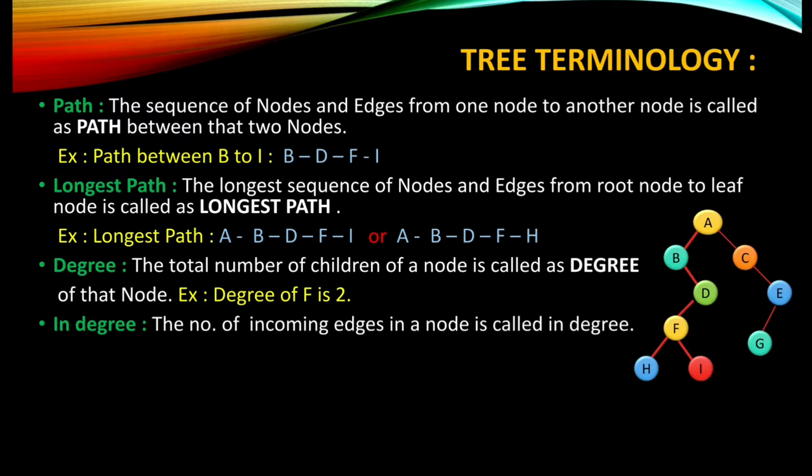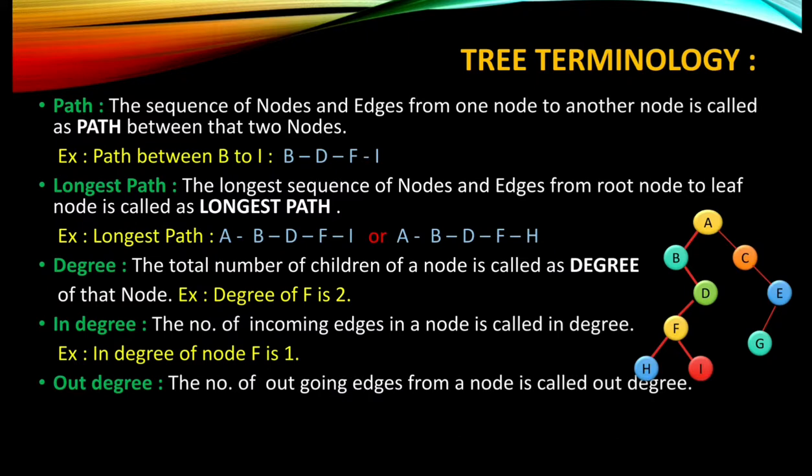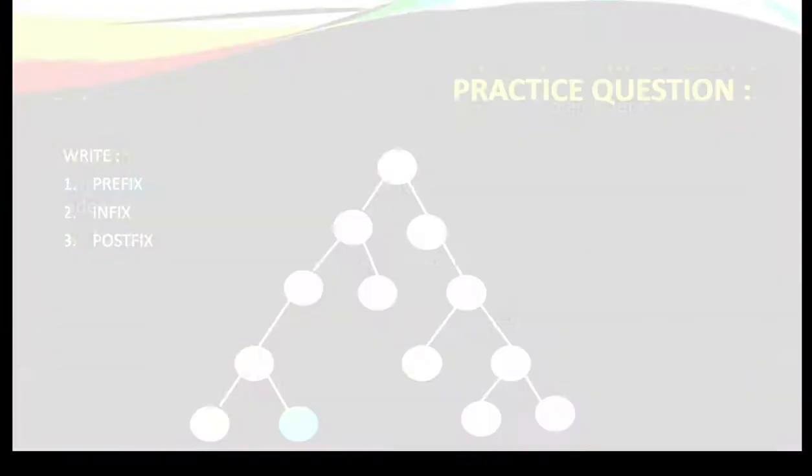F is getting one line inside it from D. The number of edges coming towards F is the in-degree, and F is getting only one. Out-degree is the number of edges going from F towards other nodes, and we have two nodes which are connected with F. That's why the out-degree is 2.